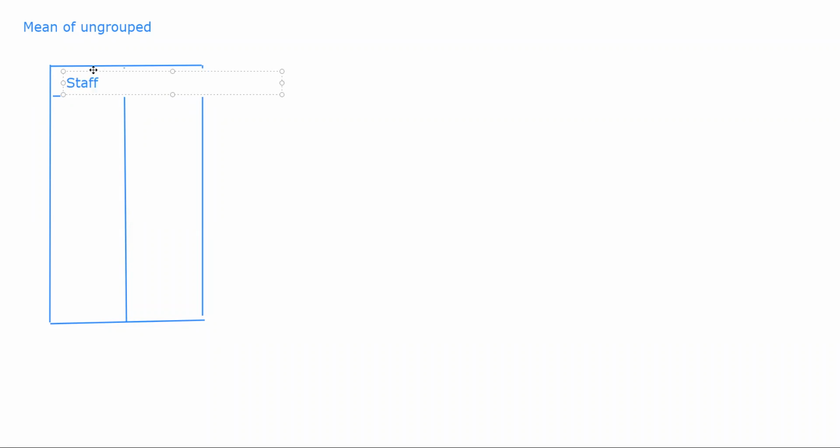And we have salary on the right. And we have different salaries.